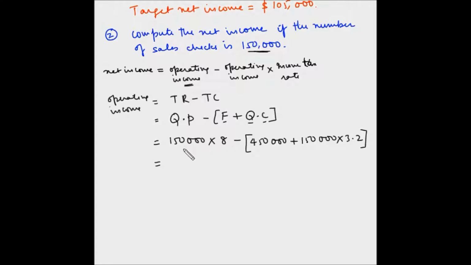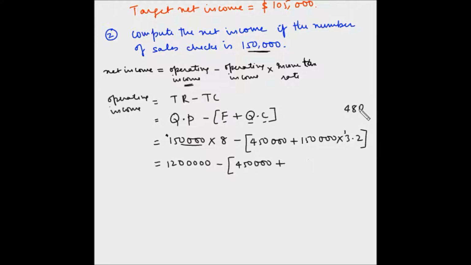So 8 5s are 40, 4 carry over, 8 1s are 8, plus 4 is 12. So 1 2 0, and then 4 zeros, minus 450,000 plus, now 15 multiplied by 3.2, so 15 2s are 30, so we'll do 0 here and 3 carry over. 15 3s are 45, 46, 47, 48.